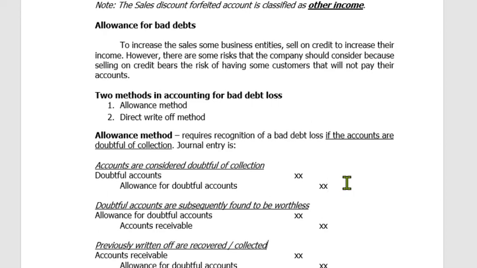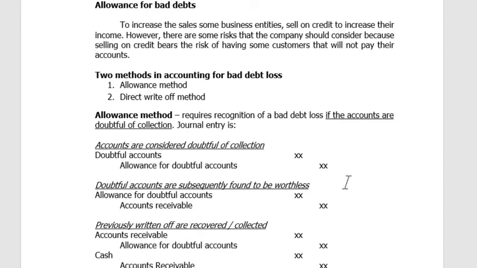So let's proceed. Doubtful accounts are subsequently found to be worthless. So itong ni-recognize mo kanina na may probability na hindi makolekta, after further evaluation and analysis and study on the receivable accounts na na-establish na hindi na siya makokolekta or they are considered worthless. So, paano mo i-recognize yun? E eliminate mo na yung mismong receivable account.